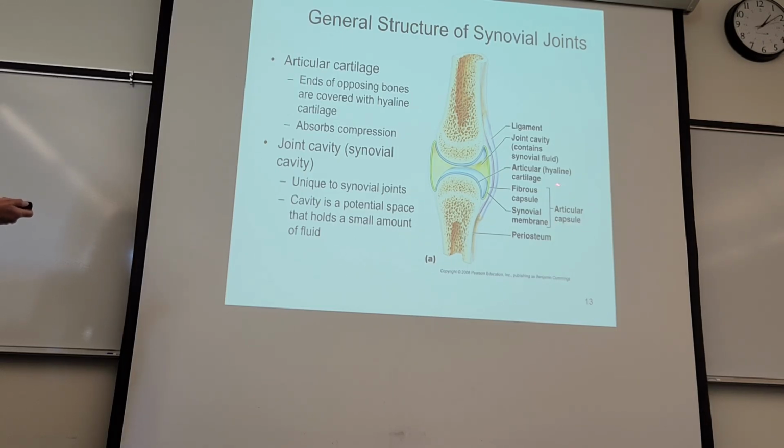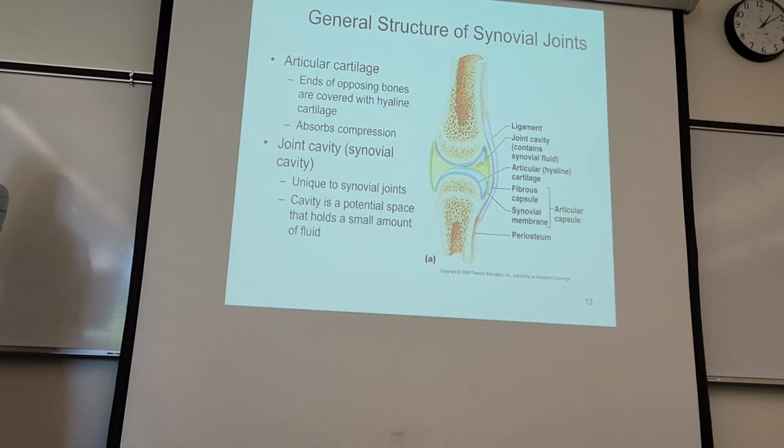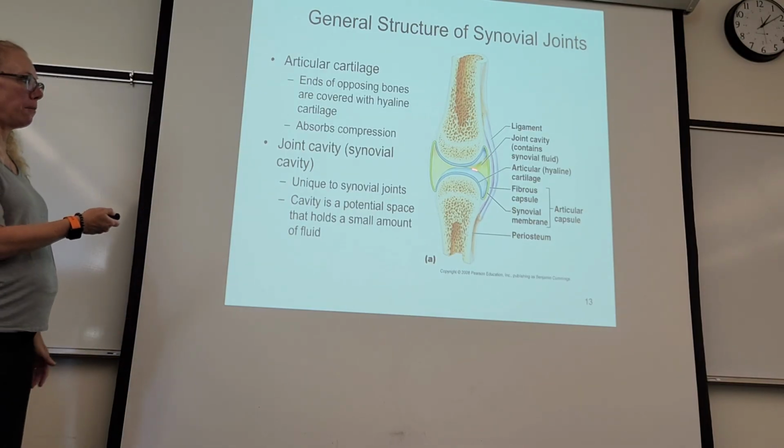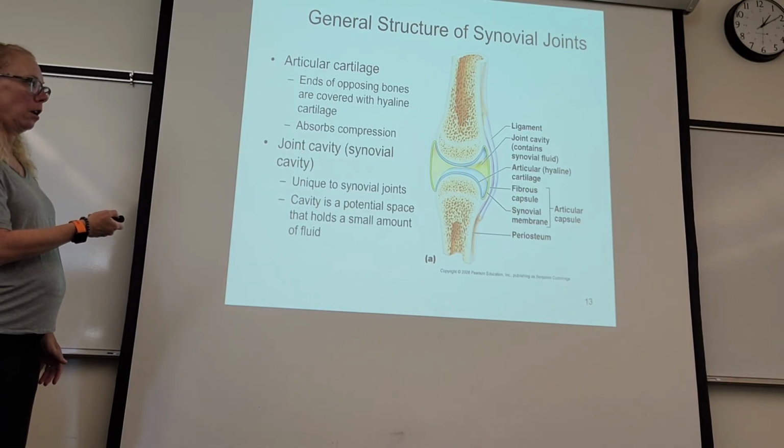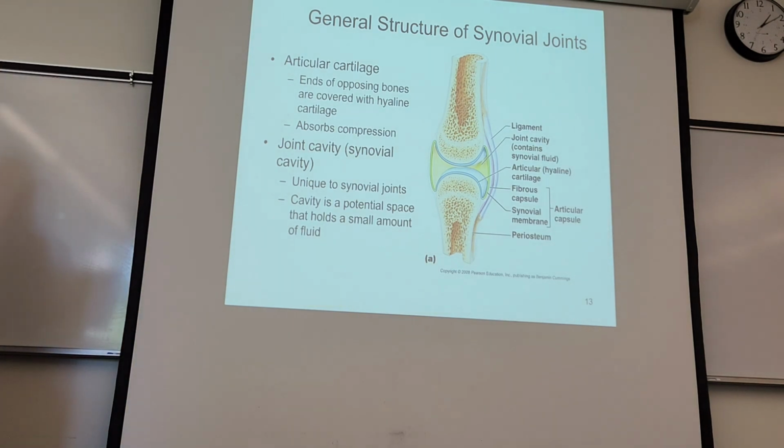The articular capsule includes superficially the fibrous capsule, which is made of the dense irregular connective tissue. And then deep to that, kind of greenish in this picture, is a synovial membrane. The synovial membrane surrounds the joint cavity and covers all surfaces except for the hyaline cartilage. And that synovial membrane is going to make synovial fluid for that joint.